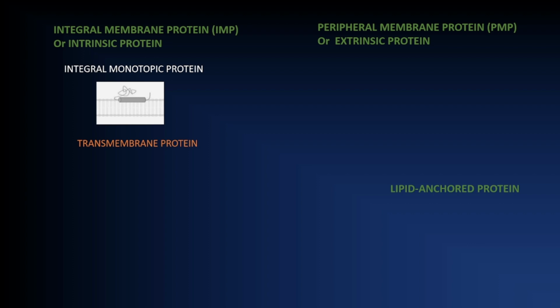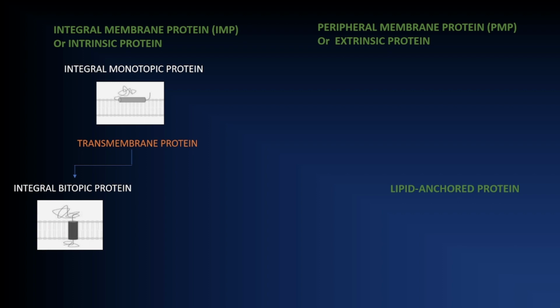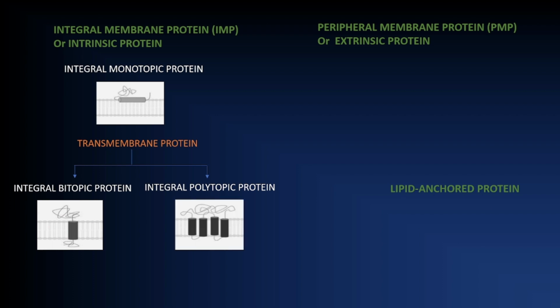Now there are two types of transmembrane proteins. One is integral bitopic protein, which has one membrane spanning region, and the other one is integral polytopic proteins, which have many membrane spanning regions. Let's understand this again. The integral membrane proteins or intrinsic proteins have different types. One is integral monotopic proteins, which embed into the cell membrane from one side.